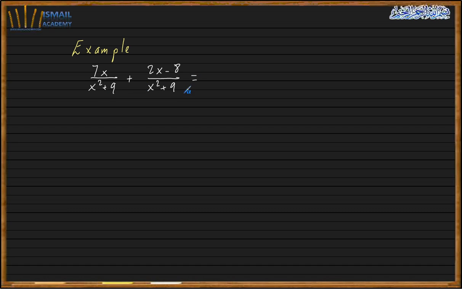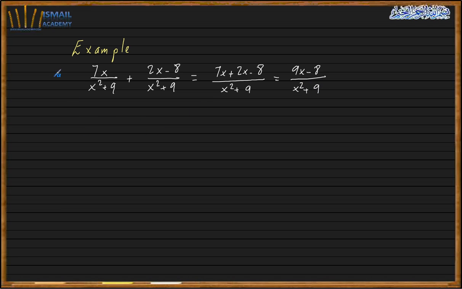Same denominator, the same thing as with numbers. When we have the same denominator, we keep the denominator as it is, and we add the numerators. So it's going to be 7x plus 2x minus 8. Here we combine like terms, so it's going to be 9x minus 8 over x squared plus 9.